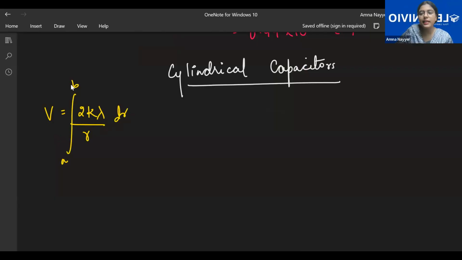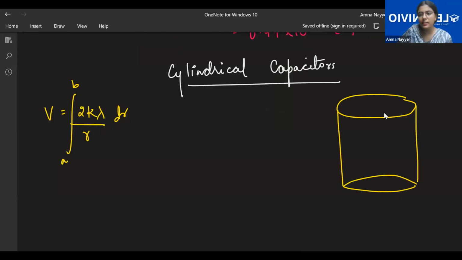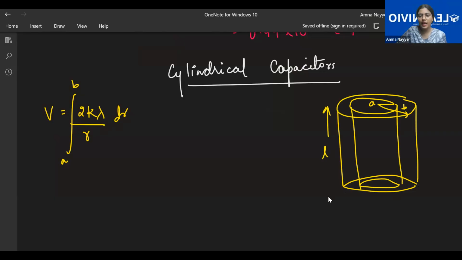These are concentric cylinders, one inside the other. One has radius a, the second has radius b, the length is L, and the linear charge density is lambda.